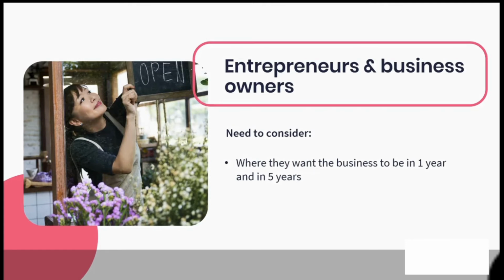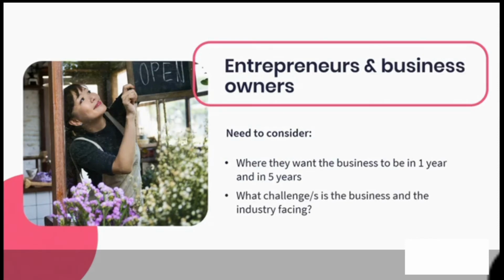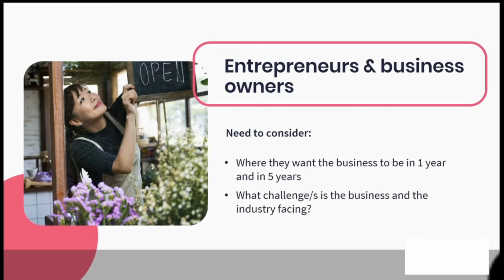Then, what challenges is the business and the industry facing? It is incredibly important not only to look at the business, but the industry that it's in as well. For example, Google has announced that they will be removing third-party tracking support. This is a problem for many businesses that sell services or software to other businesses, like marketing software.